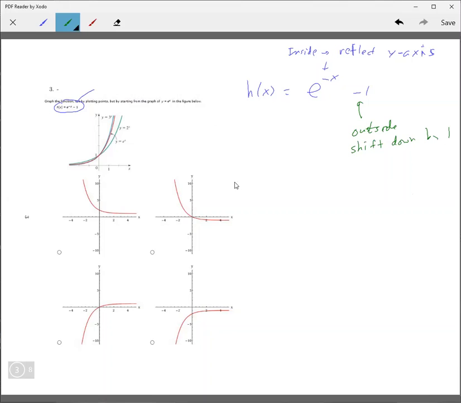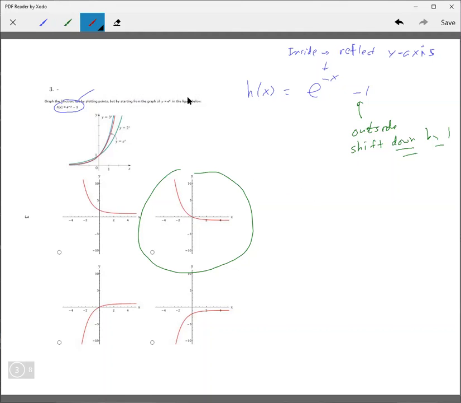So it's going to be this one right here. This one has been reflected through the y-axis and then shifted down by 1. This other one has been reflected through the y-axis, but then shifted up by 1 instead.